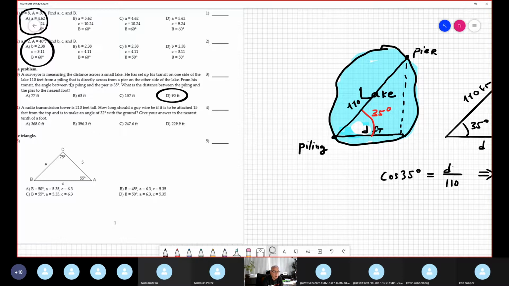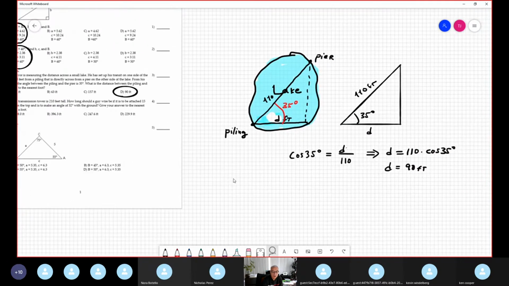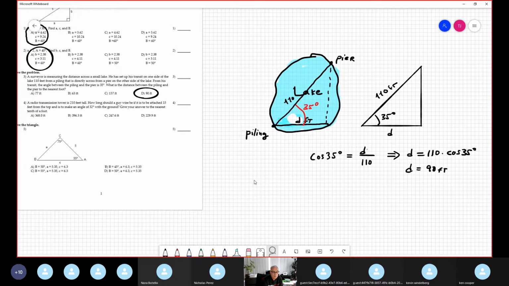This is a keyword: directly across. It's the hypotenuse, yes. Okay. Fortunately, the word problem is similar, no? I only changed the number, but this, you know, depends a little bit on the interpretation you see.